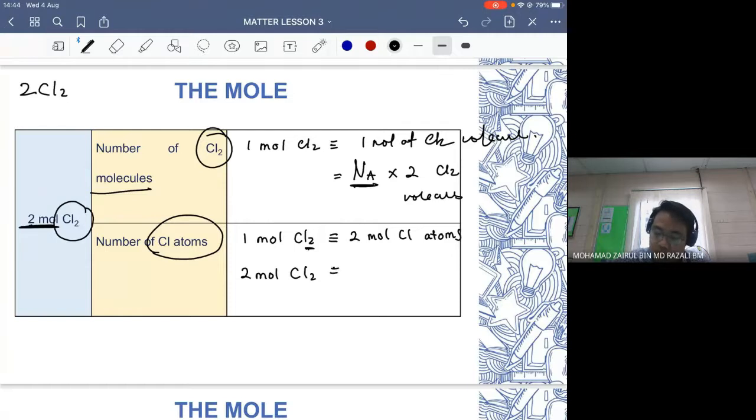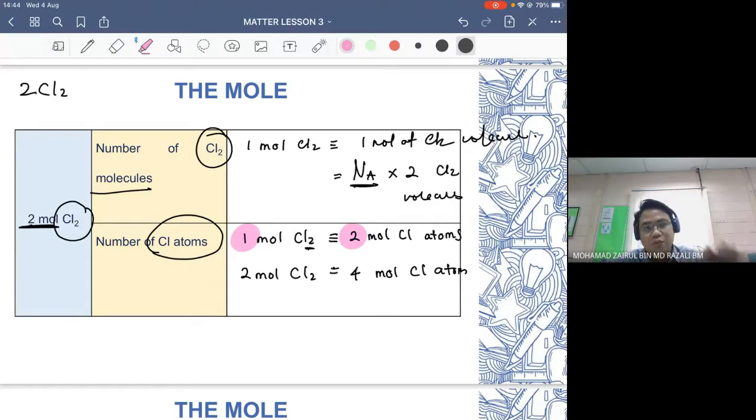Then we're going to have 4 mole of chlorine atoms. Sebab awak tengok dia punya ratio je 2 kali ganda. So kalau if you have 1 mole, number of chlorine atom is equal to 2. So dia double. So kalau awak dapat 2, number of atom dia adalah 4 mole. So basically awak punya exact number of chlorine atom tu, so 4 multiply by Avogadro number.